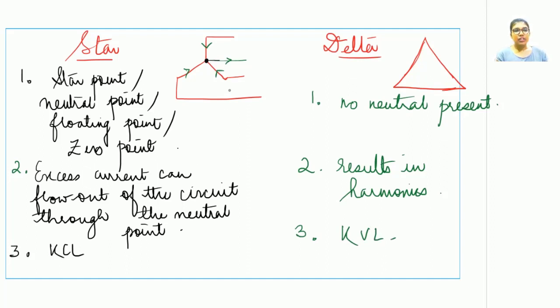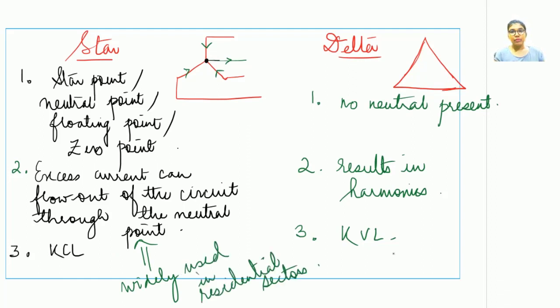Because of this advantage provided by the neutral point, this type of connection is widely used in the residential sector. And because of the absence of the neutral point, the delta connection has limited applications in the residential domain. So this is the basic difference between a star and a delta connection.